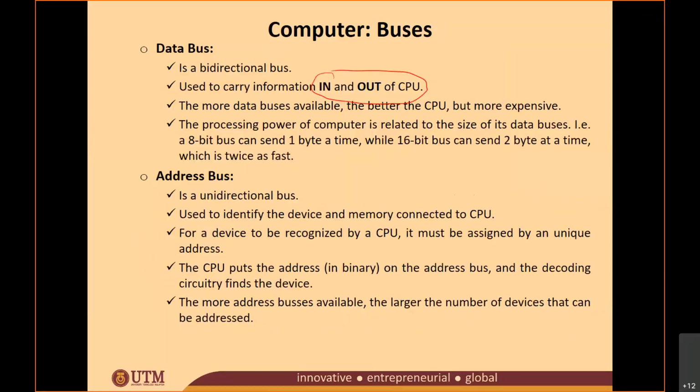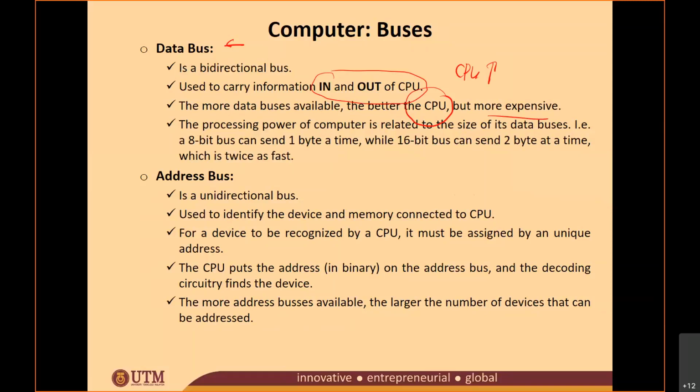Okay, so the more data buses available, the better the CPU, but more expensive. The size of this data bus will determine the processor speed. But if you have more data bus, maksudnya kamu punya CPU speed akan increase, but the cost will be expensive. Pernah dengar tak?